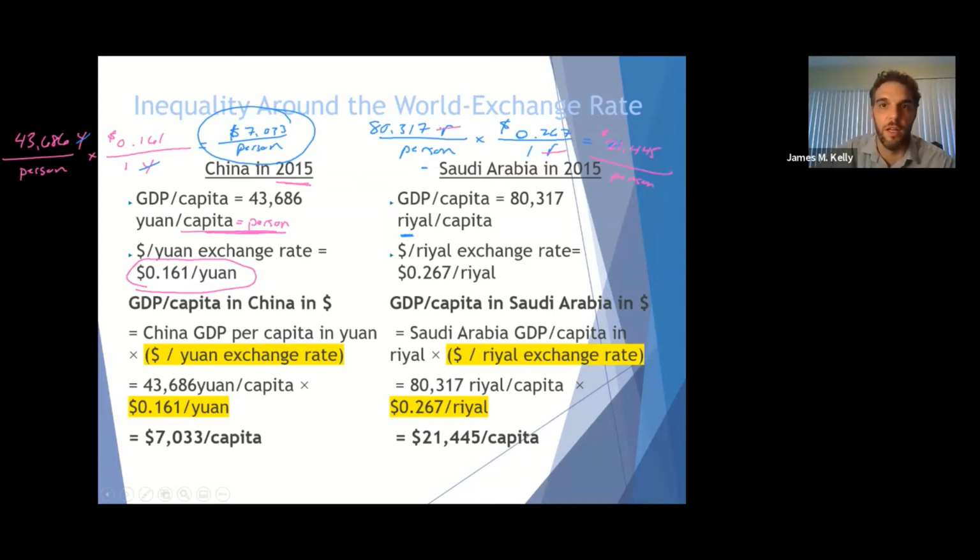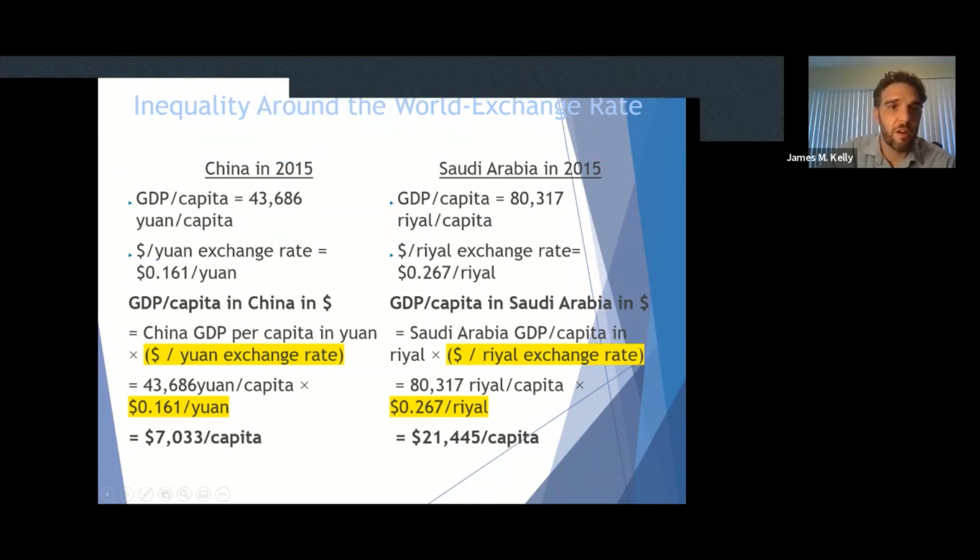We're going to get dollars per person. Now we can compare. Before, we had Chinese real GDP per person in yen, and for Saudi Arabia, we had it in rial. And now it's like, how do you compare these two? Well, they're in different currencies. You can't compare them. Now we can. Now they're in dollars per person.